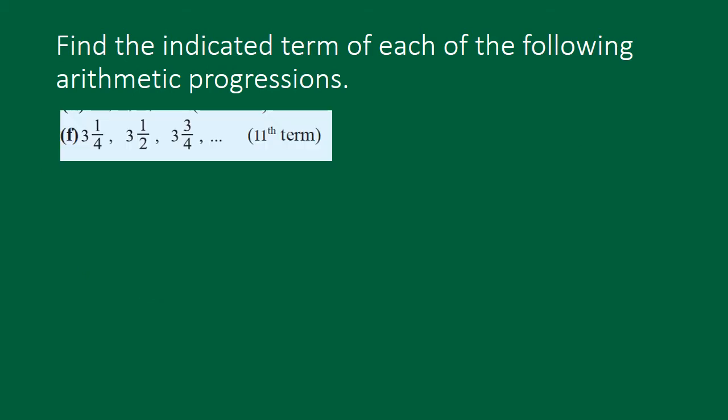And in this one, I think you have to find out T11. So a is 3 and 1 over 4, so you can make this an improper fraction, right? So this is 12 plus 1, 13 over 4. And d, you can find d. D is 7 over 2 minus 13 over 4.